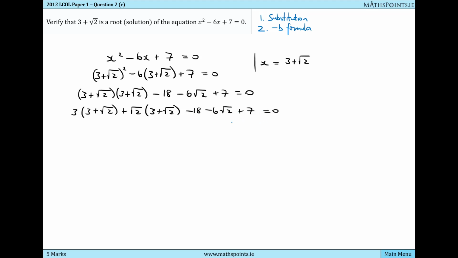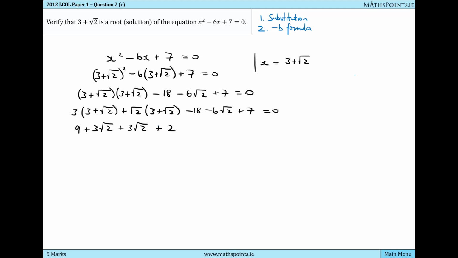We leave for now the tidying up the minus 18 and the 7. 3 by 3 is 9. 3 times root 2 is 3 root 2. Root 2 times 3 is also 3 root 2. And then root 2 by root 2 is root 2 squared. And root 2 squared is the number 2.